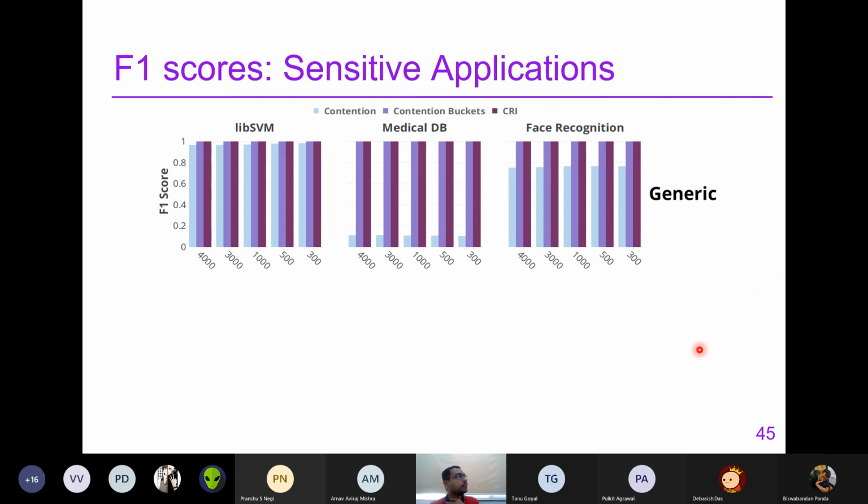Then, sensitivity across applications. Here they are plotting the F1 score. For any machine learning application, the higher the F1 score, the better the algorithm is performing. First they consider a generic classifier with some sensitive benchmarks, and they compare their method, Cyclone, which is the last one, CRI, against the contention-based detector. The first bar in each graph only detects a single interference event, not the cyclic interference event.